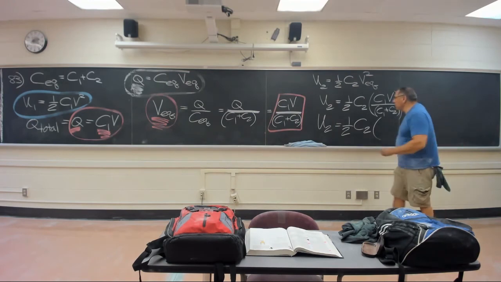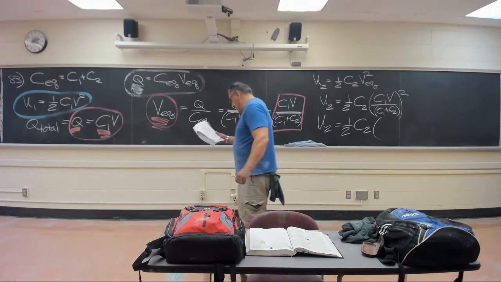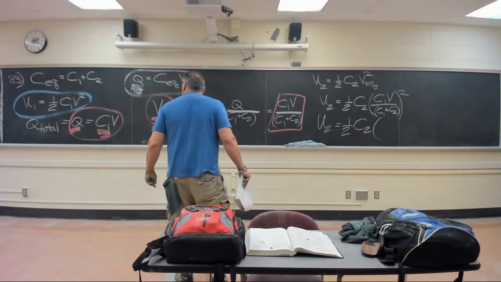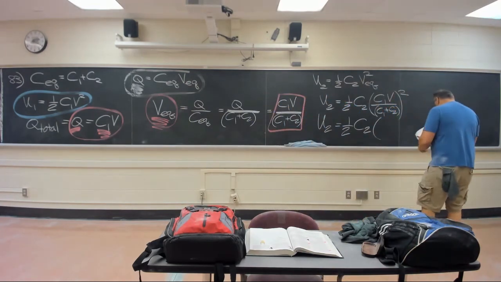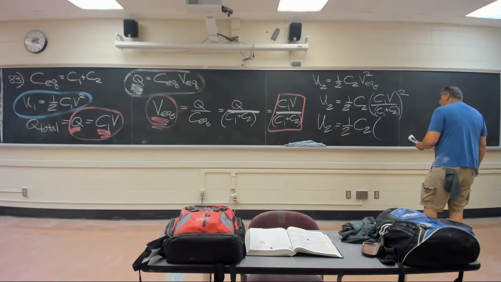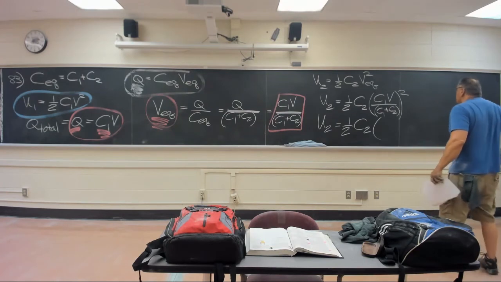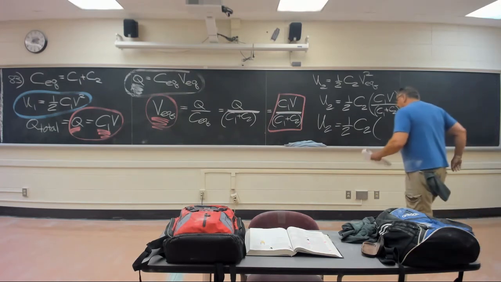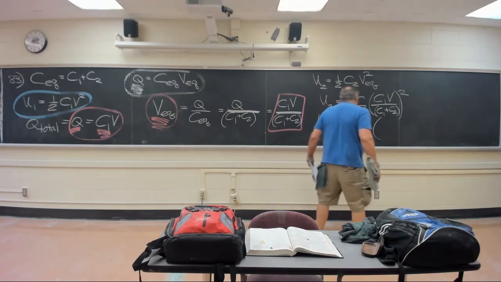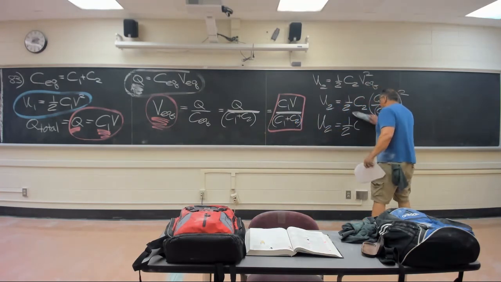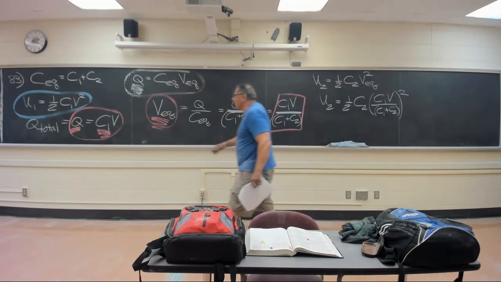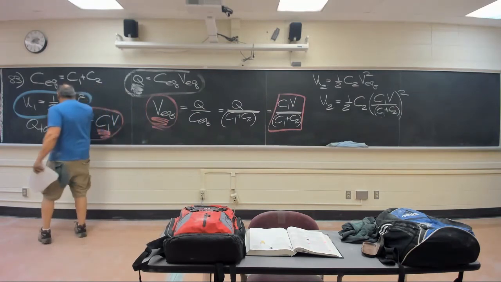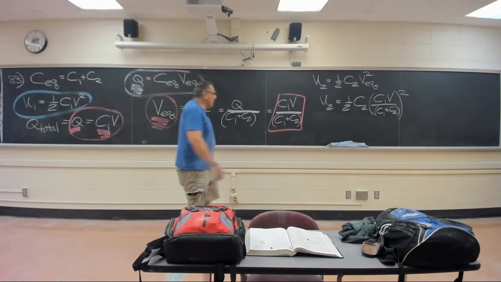Well, I'm trying to just get 1/2 C1 V squared. Number of ways to go here. I don't like the way I calculate. This is correct, what I wrote. I'd just rather give you a better gut feeling for what's happening here. Do you agree that 1/2 C1 V squared is U1?